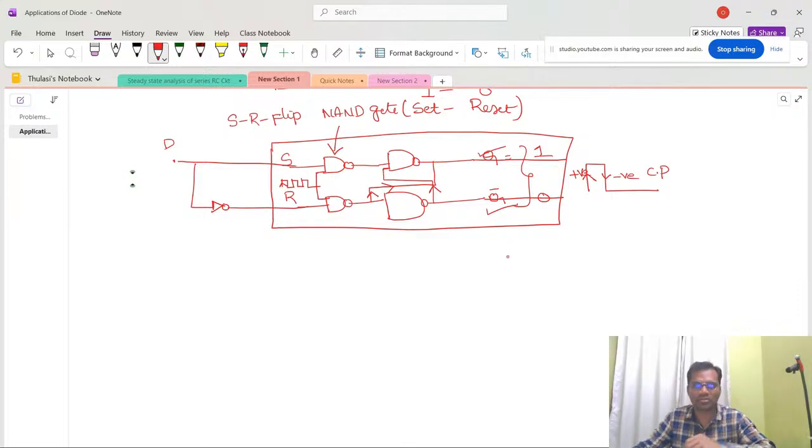Now coming to the positive and negative clock pulses, when you give them here, it is going to perform the action like this. Now let us try to develop the required truth table.